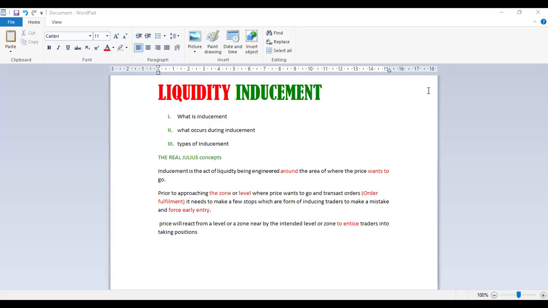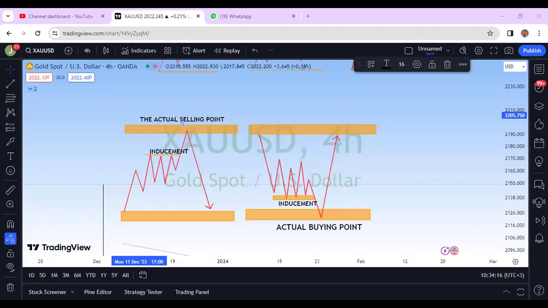Prior to approaching the zone or the level where the price wants to go and transact orders, what I call orders fulfillment, it needs to make a few stops, which are a form of inducing traders to make a mistake and force an early entry. Price will react from a level or a zone near the intended level or zone to entice traders into taking early positions. And when we talk of inducement, we have different types of inducement.